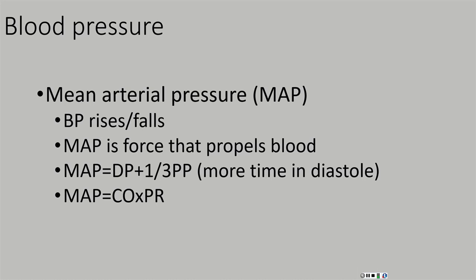But when we're talking about the force that propels the blood, it's not the rising and the dropping, it's the constant. That's what we can think of when we think about MAP. MAP is almost the average. It's not the average. We can see up here how it was determined. But we can think of it almost like an average pressure that's constant in our vessels.